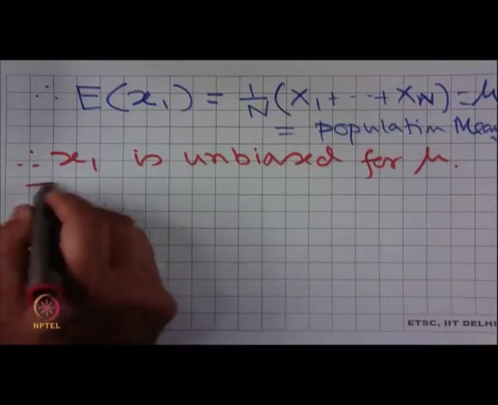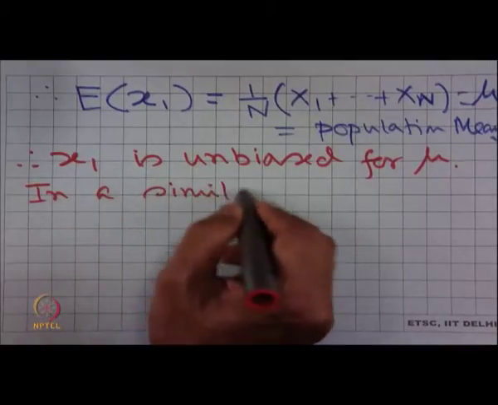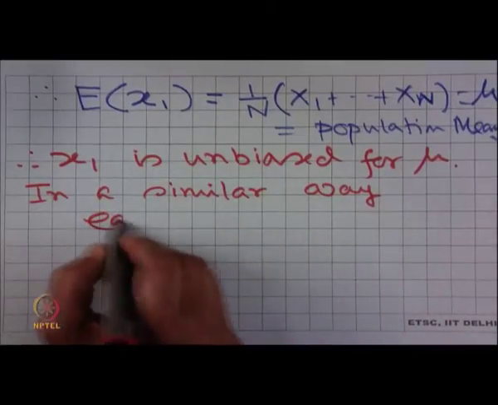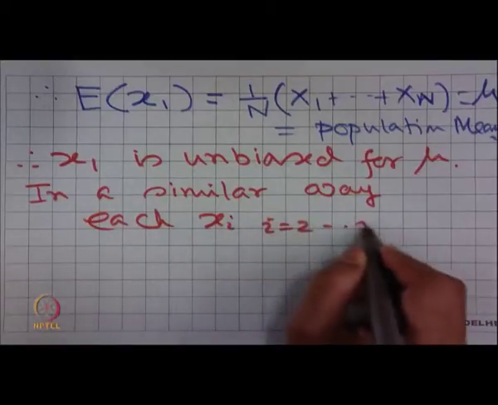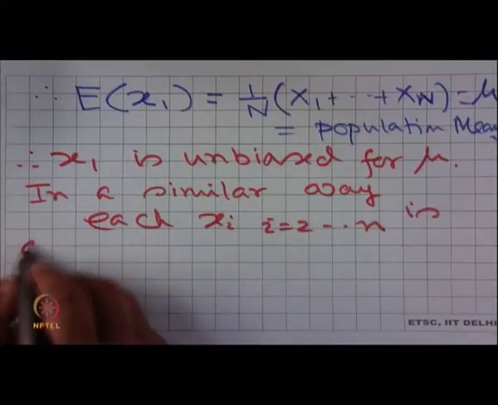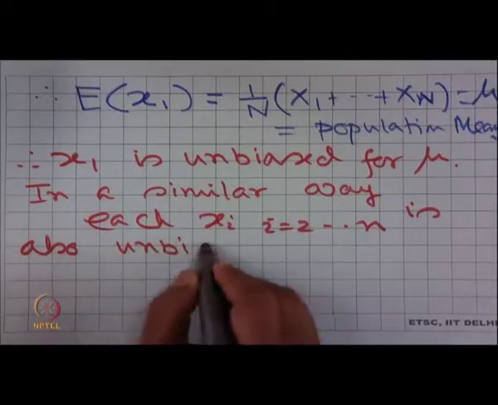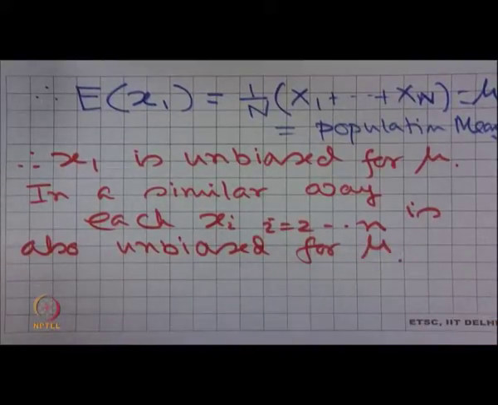In a similar way, each xi for i equal to 2 to n is also unbiased for mu, because the expected value of each xi is going to be the population mean.